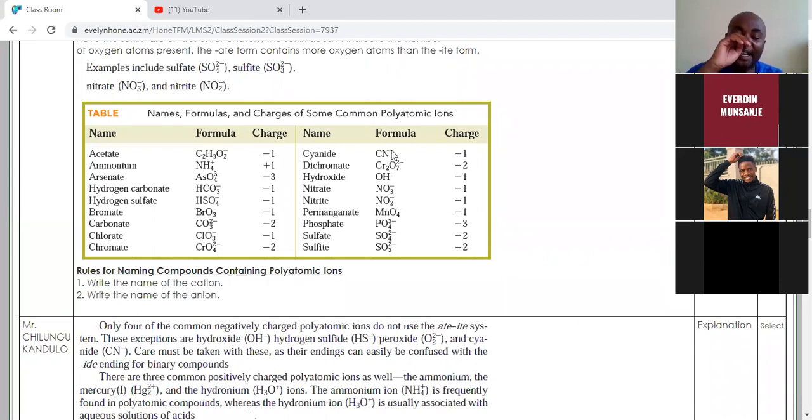They make their own cyanide. Cyanide salts are heavily poisonous.